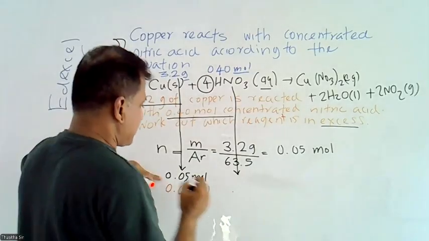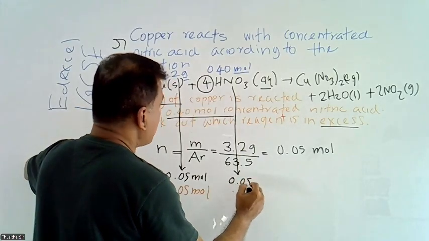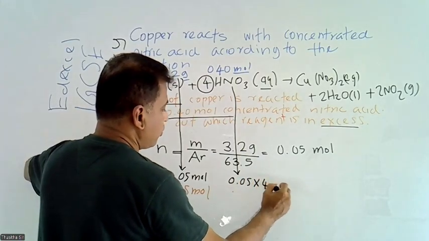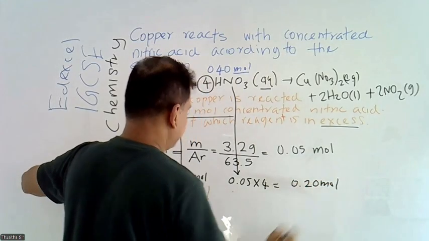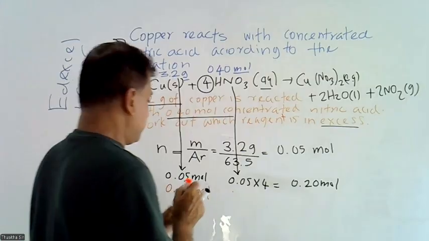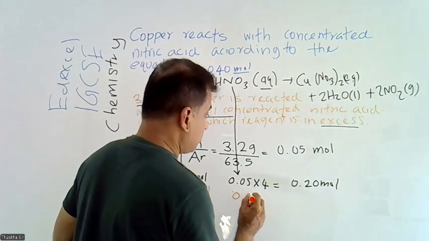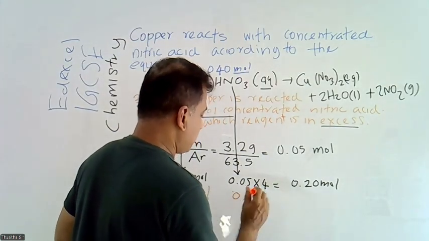So 0.05 is going to react with 4, so that is 0.20 mole. So finally it's 0.20 mole.